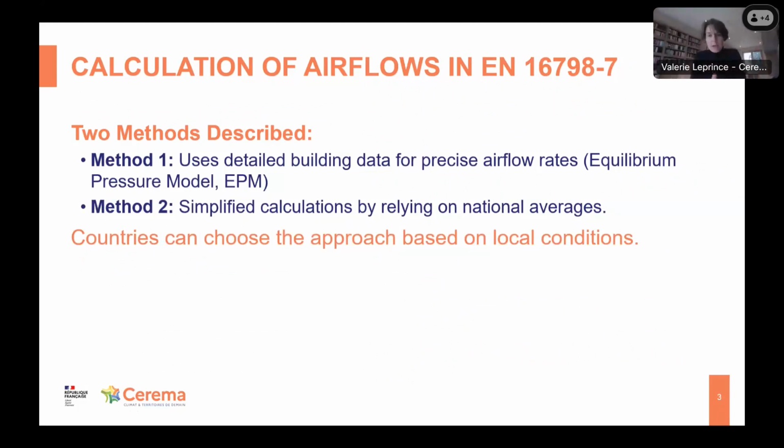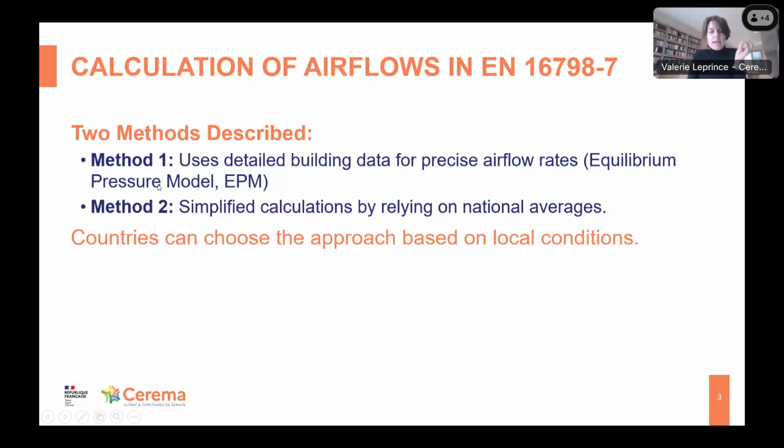So the standard proposes two methods, which are basically in line with what Nolwenn presented at the beginning. Method 1 uses an equilibrium pressure model to detail precisely the airflow rate all around the building. Method 2 is a simplified calculation relying on national averages. This is basically the simplified method that Nolwenn presented.